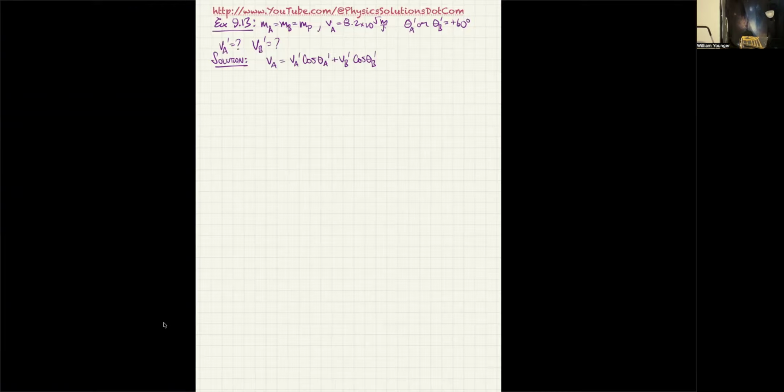And in fact, I'm going to find that it's very useful if I put all the A's on one side and all the B's on the other, in which case I get VA minus VA prime cosine theta A prime is equal to VB prime cosine theta B prime. I'm going to actually square it a little bit later, but I just wanted to get to that part. So I'm going to call this equation 1.